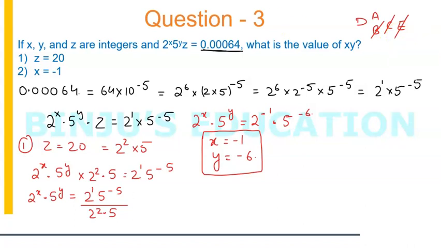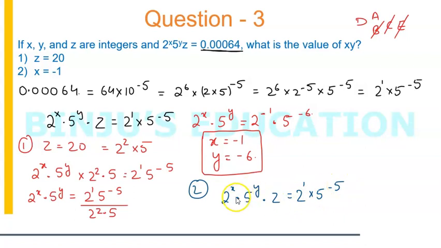Now let's have a look at statement number 2. So the second statement says that x is equal to negative 1. So we have 2 to the power x into 5 to the power y into z, and that is equal to 2 to the power 1 into 5 to the power negative 5.